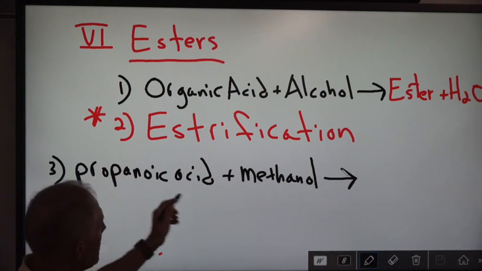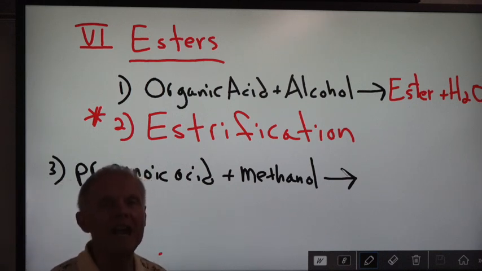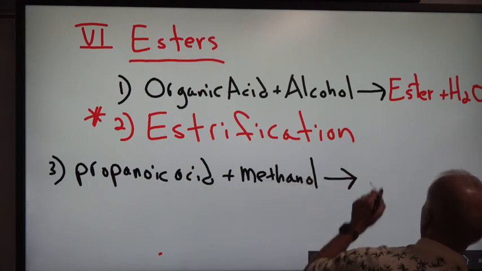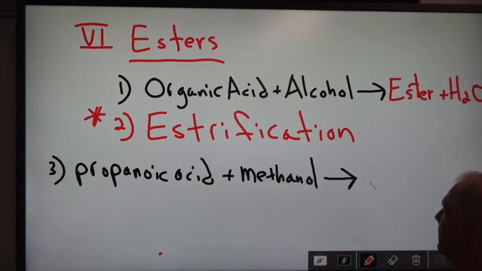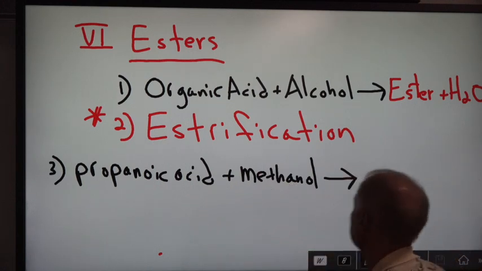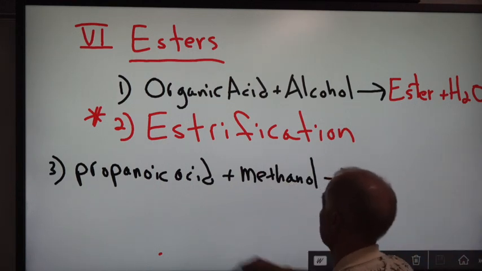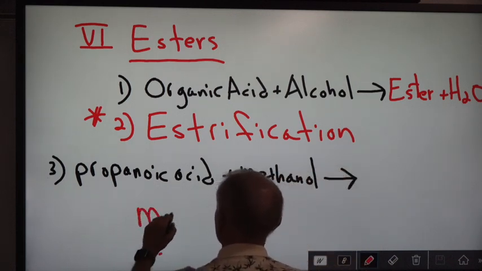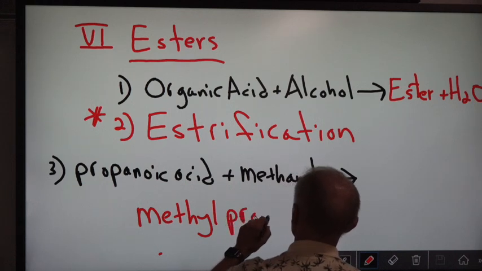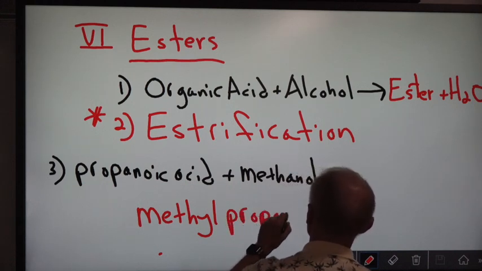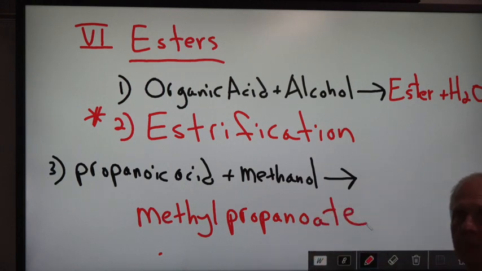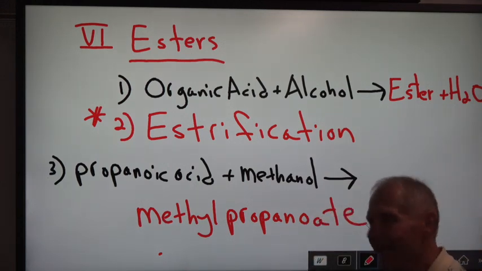If I have propanoic acid and methanol, the name of the ester is methyl propanoate. So I'm going to put it down here. Methyl propanoate. So how did I get that name?